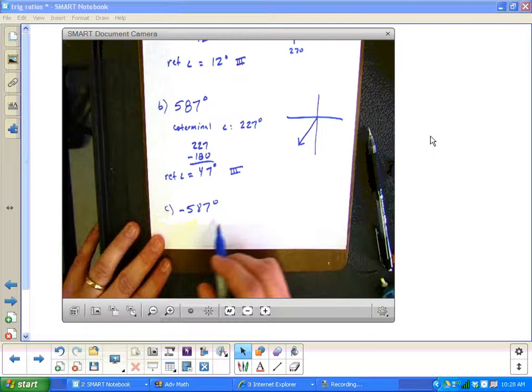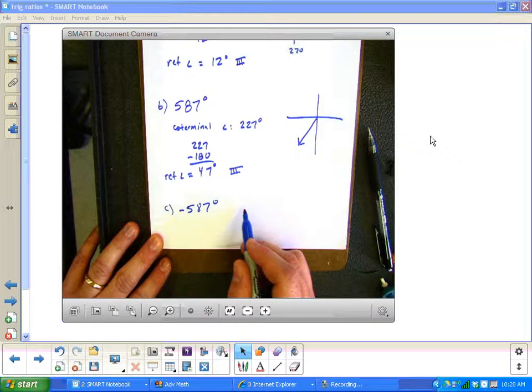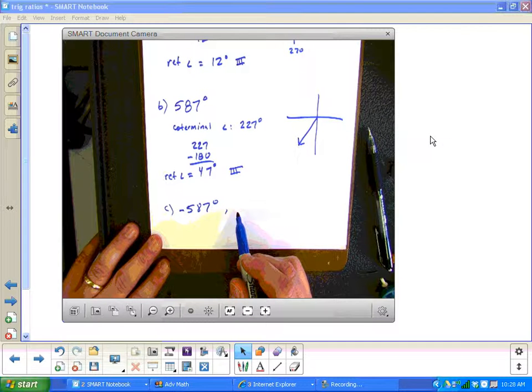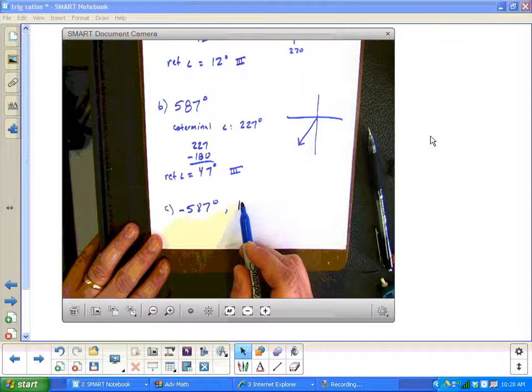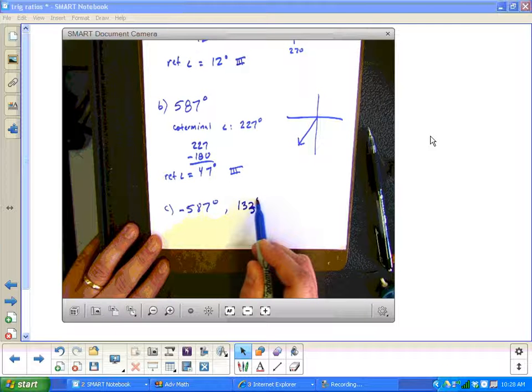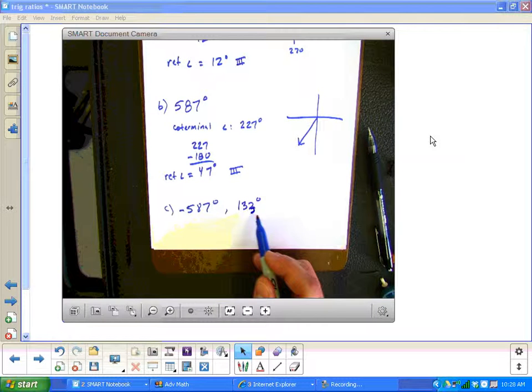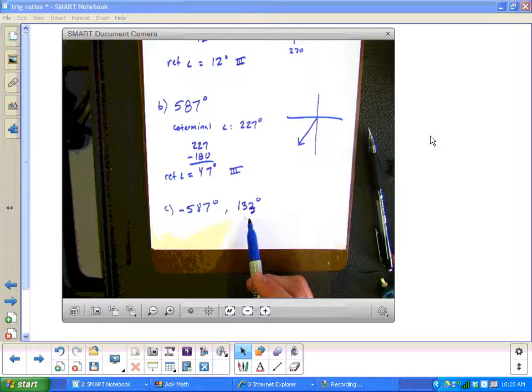All right, now, if you added 360 a couple times, what does that give you? How much? 133? Okay. Now, that's not my reference angle. Let's get our vocabulary straight. That is a coterminal angle. Okay? And so the coterminal angle is just a way to help me get to the reference angle.